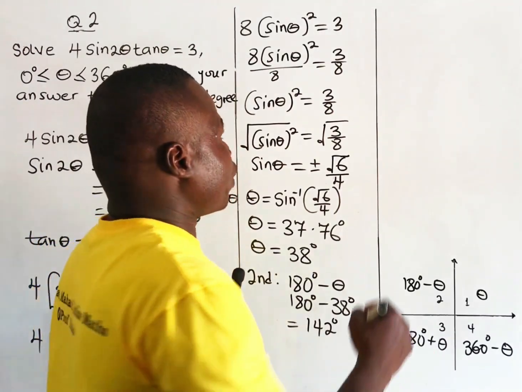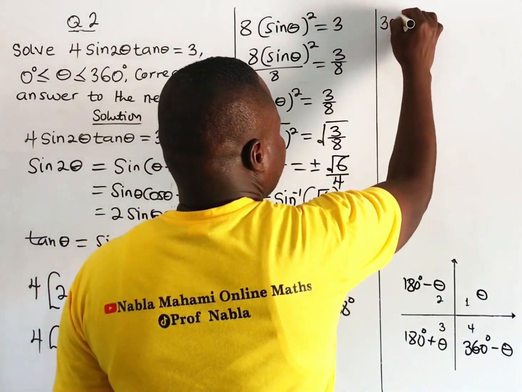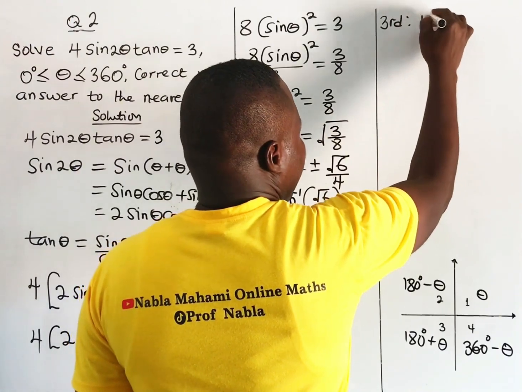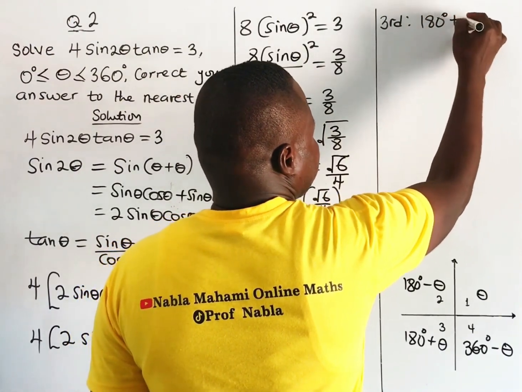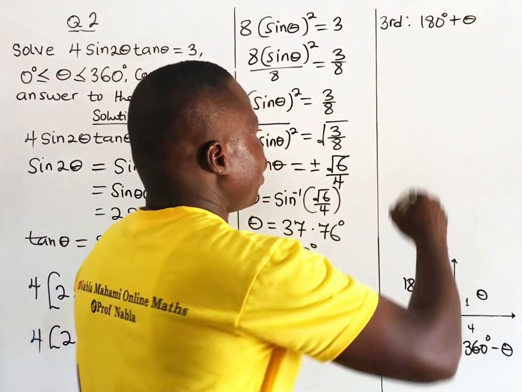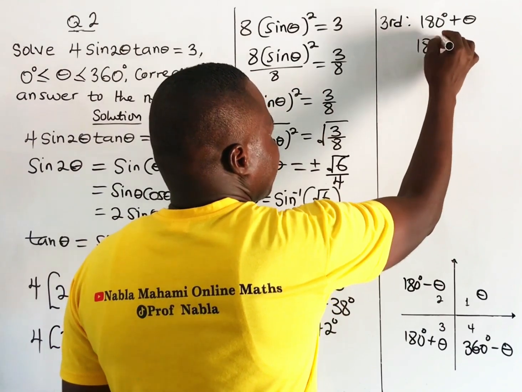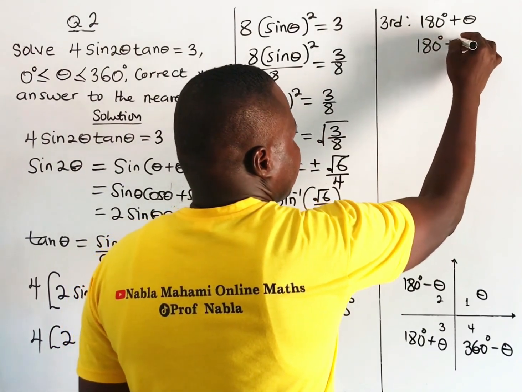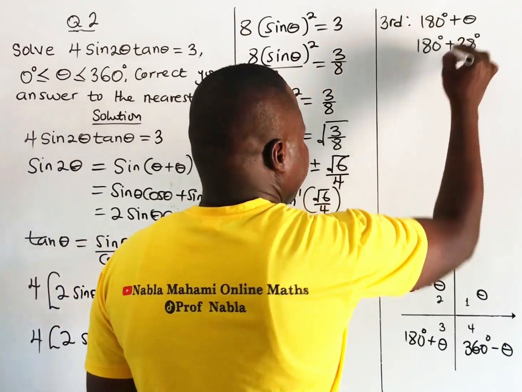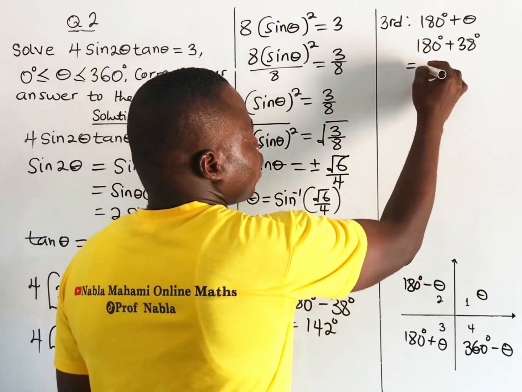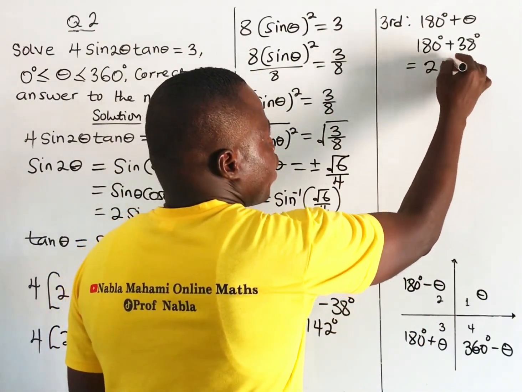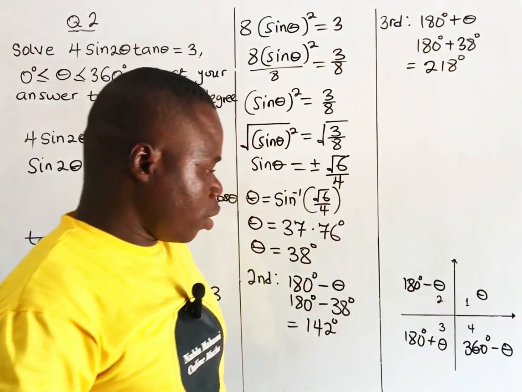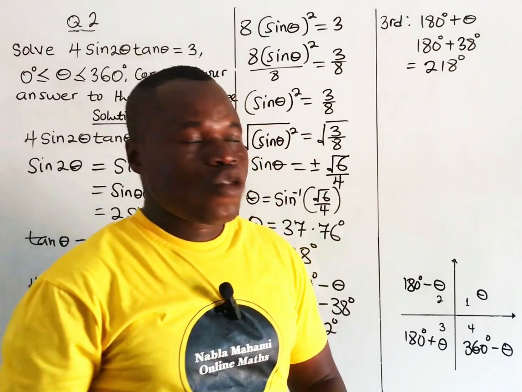Then in the third quadrant, we have 180 degrees plus theta, that is 180 degrees plus 38 degrees, and I'll get 218 degrees. Then we move to the fourth quadrant.